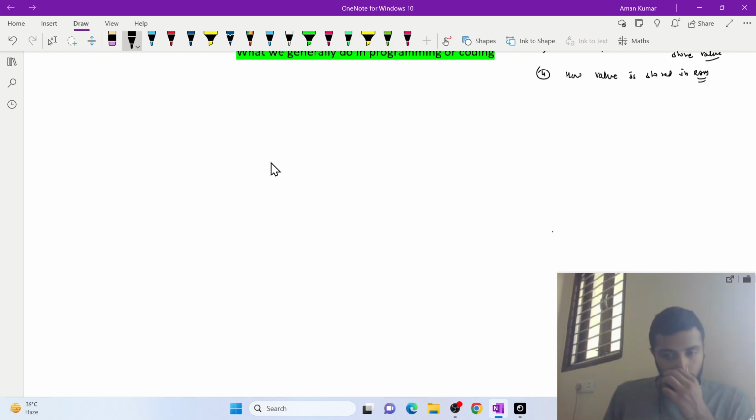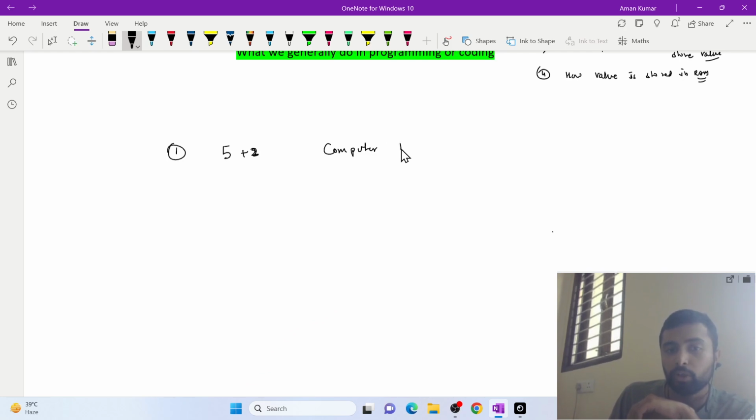We have seen that 5 plus 2 has to be stored in the computer memory, and once it gets stored, the computer will perform the operation on these two values. If required, it can again store the output in the memory, or it can directly give the answer.